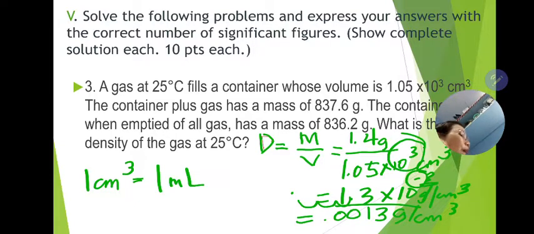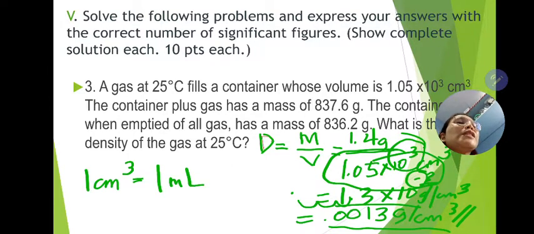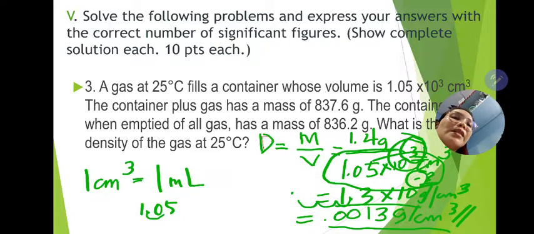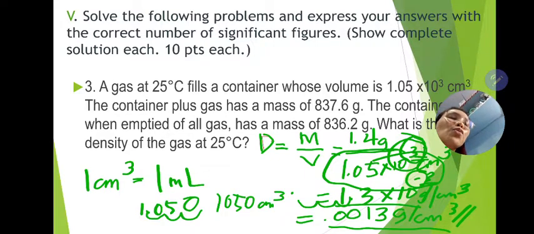So, kung itong given volume, gusto nyo i-convert sa normal number, hindi sa exponential form, kapag positive yung exponent niya, 1.05, kapag positive 3, to the right naman yung pag-move natin ng decimal point. So, 1, 2, 3. So, that would be 1050 cm cube. So, kung gusto nyo ganyan pag-compute sa calculator natin, 1.4 divided by 1050. So, you will get the same answer.